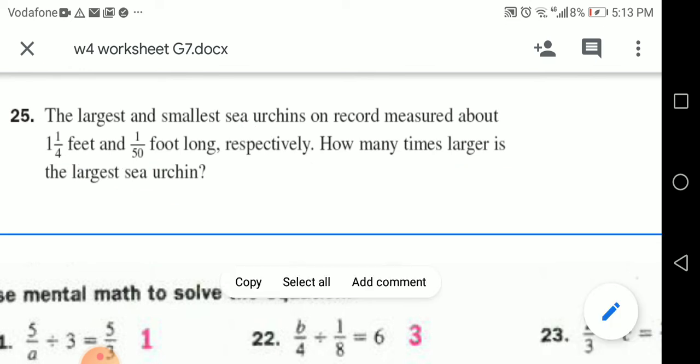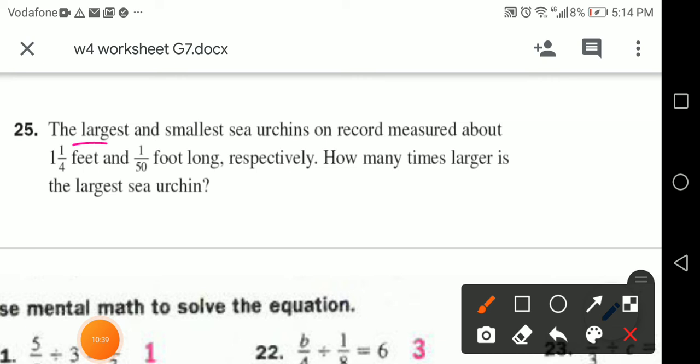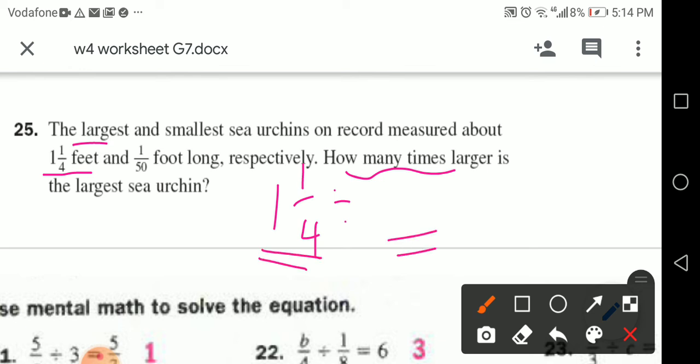The largest and smallest are given respectively, so we start with the largest, 1 1/4. It asks how many times larger, so I divide the larger one by the smallest. Here I have 1/50.